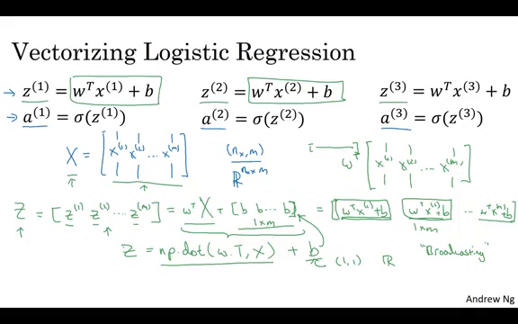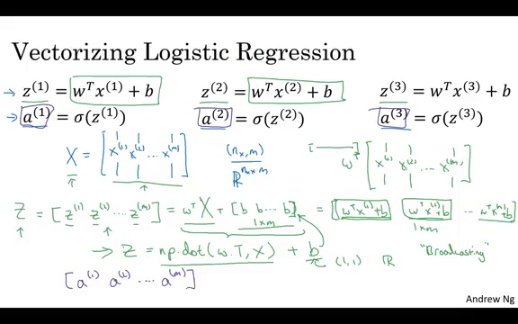But the takeaway is that with just one line of code, you can calculate capital Z, and capital Z is going to be a 1-by-m matrix that contains all of the lowercase z's, lowercase z1 through lowercase zm. So that was Z. How about these values, a, right? What we'd like to do next is find a way to compute a1, a2, and so on through am all at the same time.